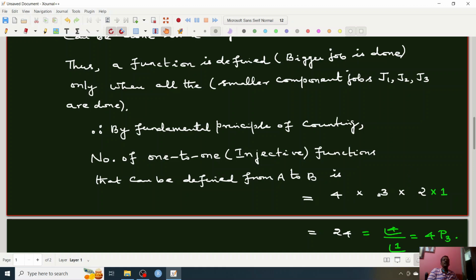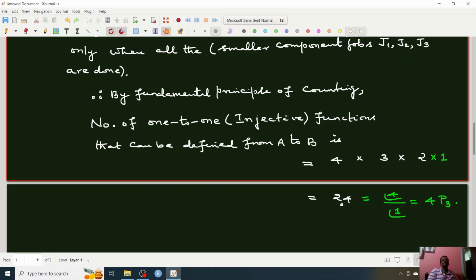That can be done in 4 ways, 3 ways, 2 ways. When you multiply that, what we get is 24. So 24 functions which are one-to-one in nature can be defined from A to B. This can be written as 4 factorial by 1 factorial, which is nothing but 4P3.